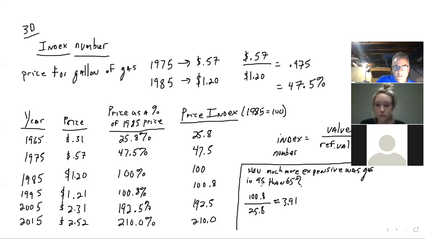Again, this is an arbitrary choice. You can make this based off of any of the years. You just have to know what year you used as your reference. There's no magic to that other than just picking a year and then building your table. All right. So any questions or can I turn the page? Yeah. Everyone else good?